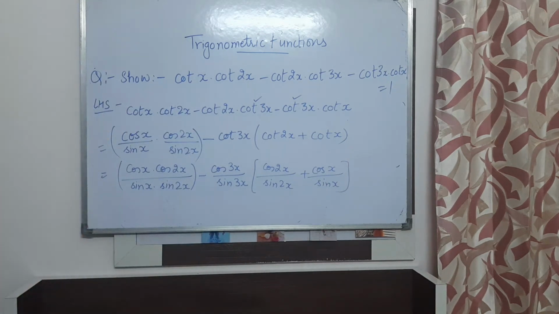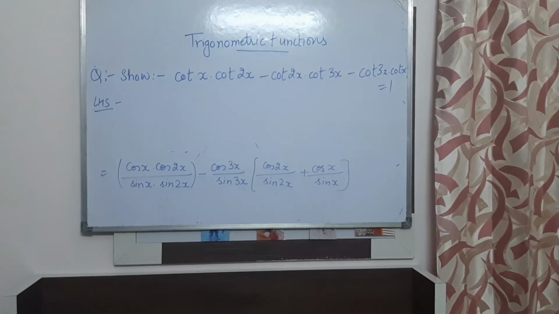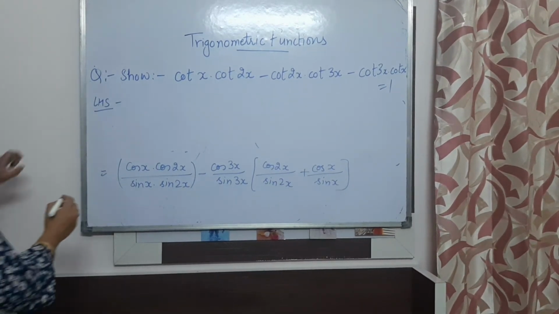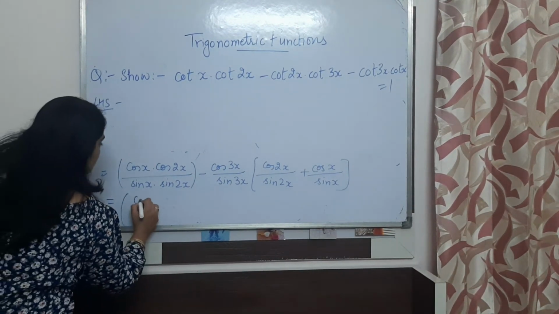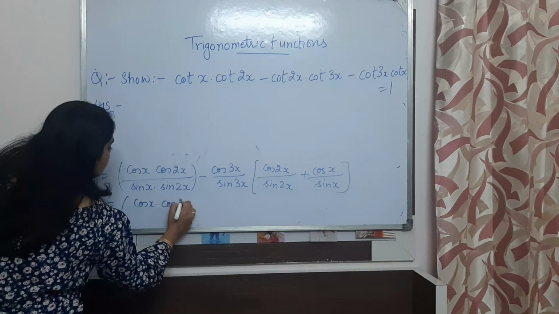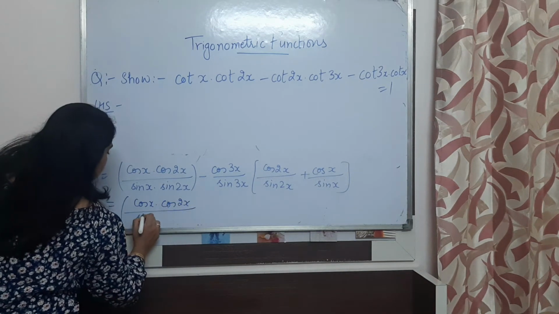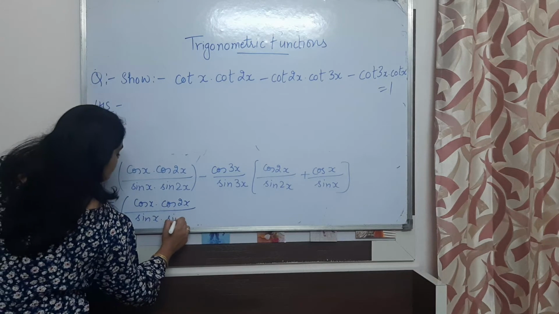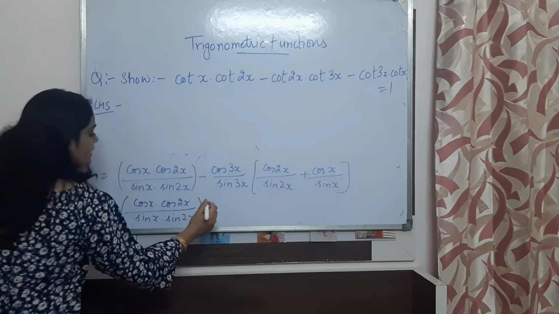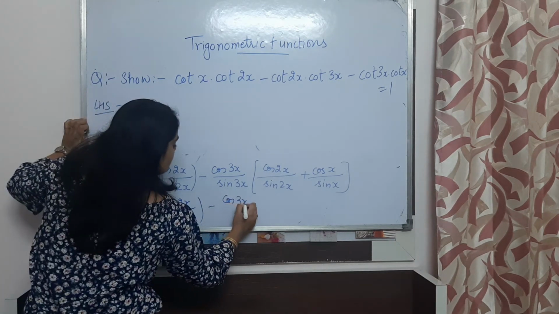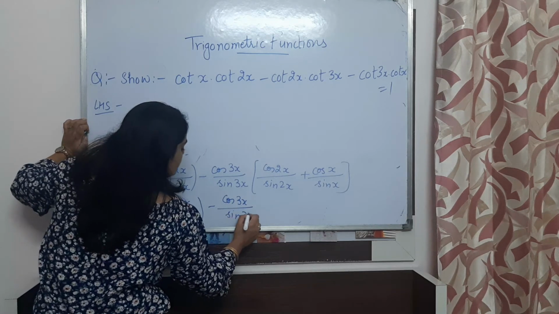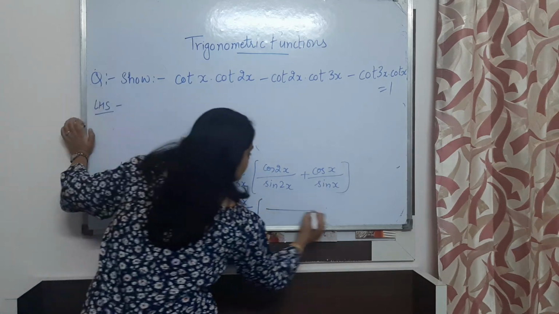Now can we take LCM? So it is cos x into cos 2x whole upon sin x into sin 2x minus, as it is, cos 3x upon sin 3x. Now we take LCM.